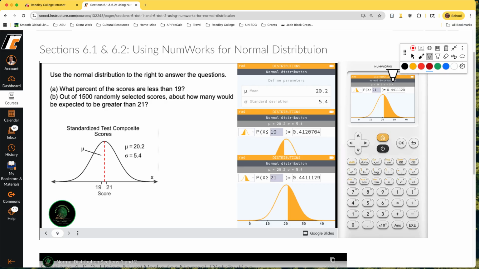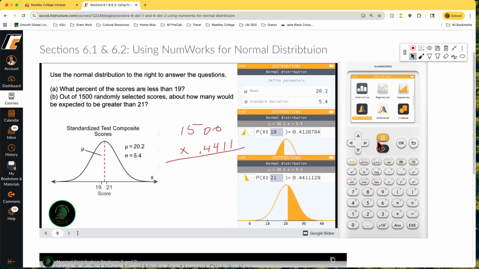So we take our 1,500, multiply it by 0.4411. Use as many decimal places as you need. Well, wait, this calculator doesn't work anymore. Yes, it does. We go back to the main menu and we go back to the regular calculator. So we got this and we can take the 1,500. It'd be nice if it did it right in the app, but I don't think it does.